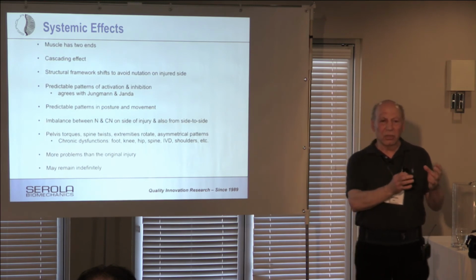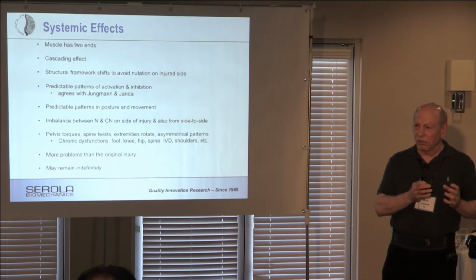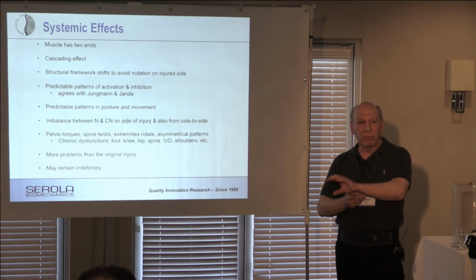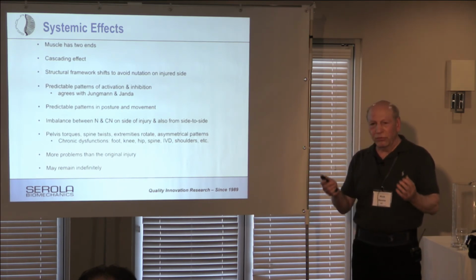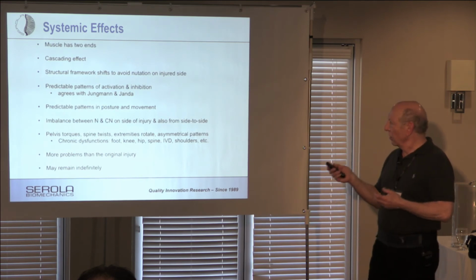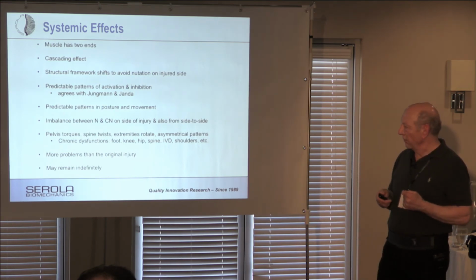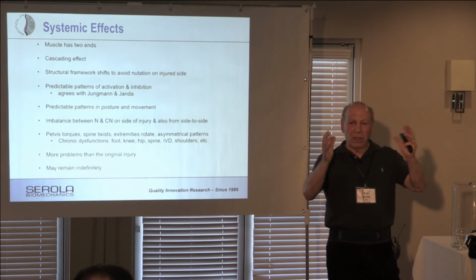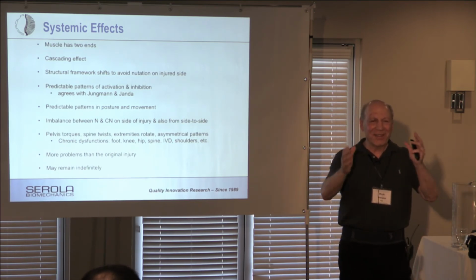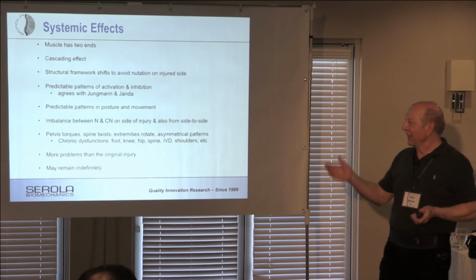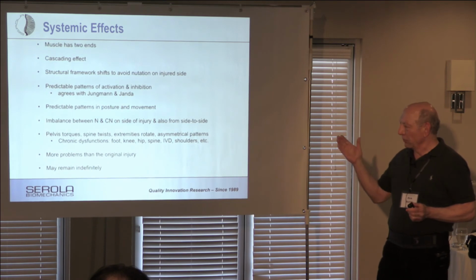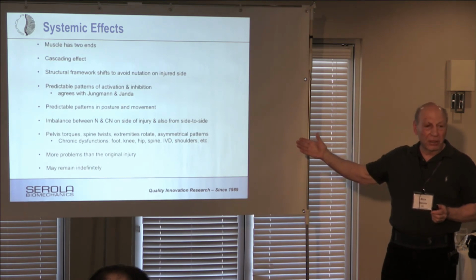When we have a sacroiliac nutation lesion, it follows that same cascading effect, but it causes the structural framework to shift to avoid nutation on the injured side. Because there's only two motions, nutation and counternutation, more or less, we have predictable patterns in muscle activation and inhibition.